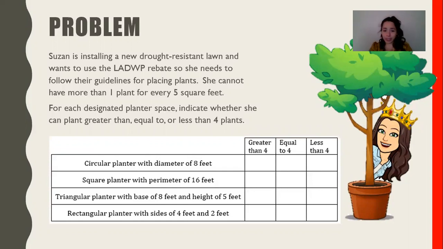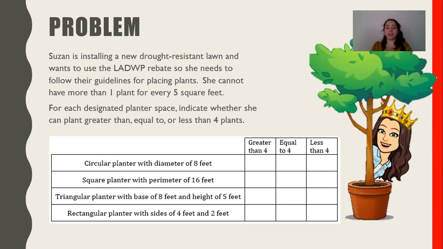There's a circular planter with a diameter of 8 feet, a square planter with a perimeter of 16 feet, a triangular planter with a base of 8 feet and a height of 5 feet, and a rectangular planter with sides of 4 feet and 2 feet. By looking at this right away, I know that it gives me enough information to figure out the area for each.